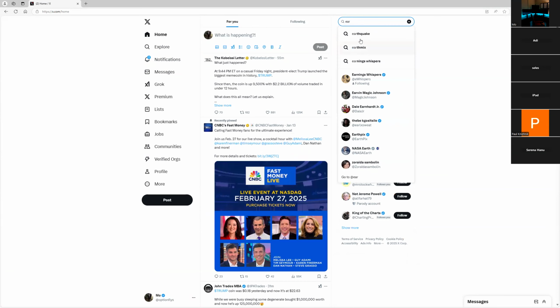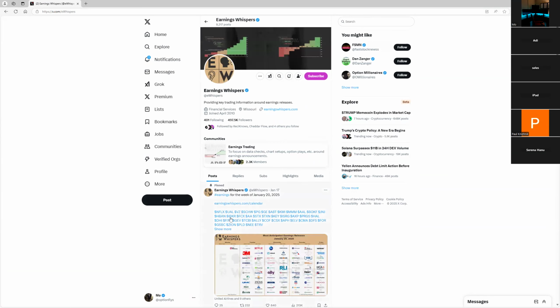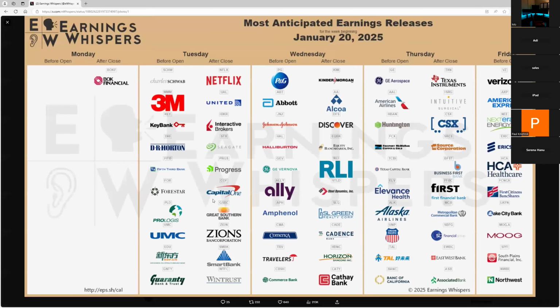Just gonna look at the earnings. Okay, so I missed that 3M trade. I just looked at it and posted it yesterday as well. I was like, that's such a nice wedge.